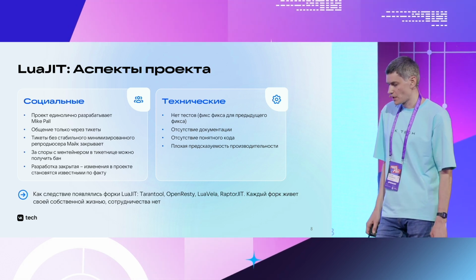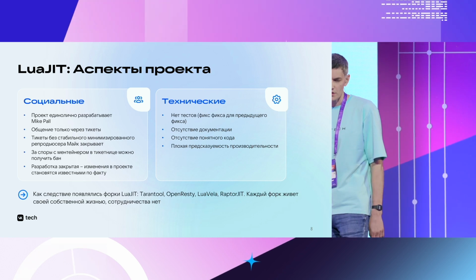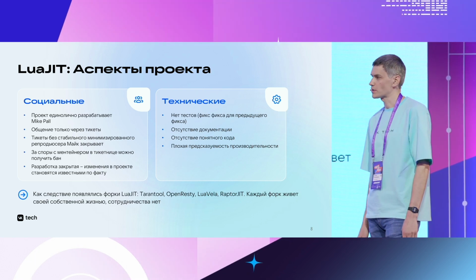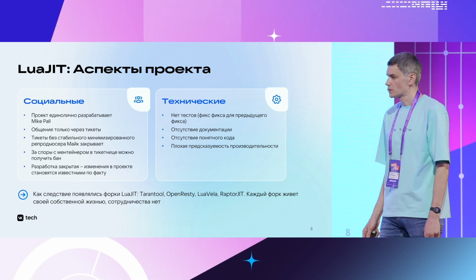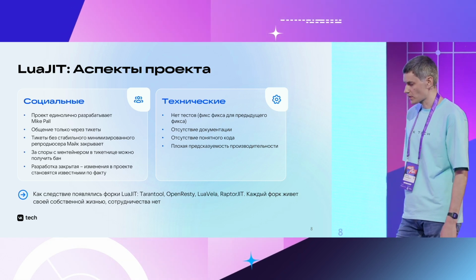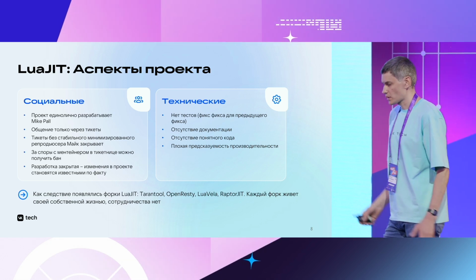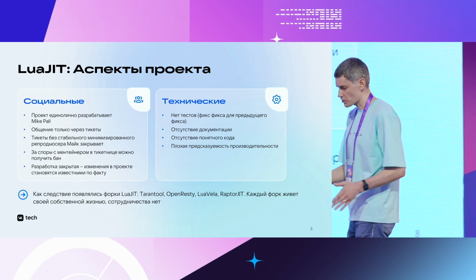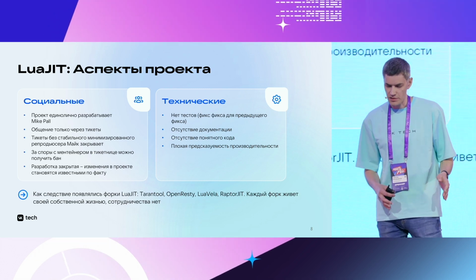The other group that I identify is technical. The first one is that the project doesn't have any regression tests. Again, something common in open source: there is the code, there are regression tests.